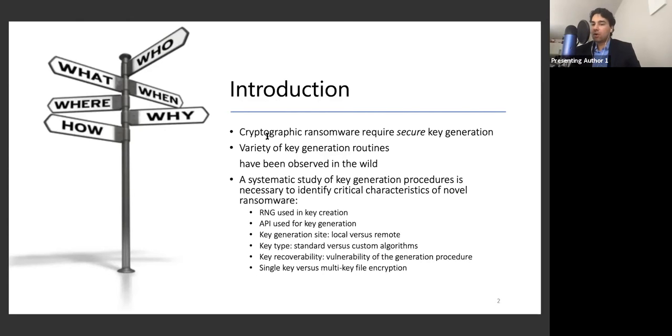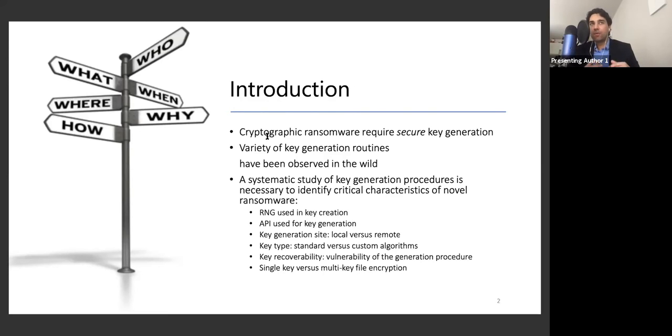If these keys are leaked or acquired via an alternative route, then they lose leverage over the victim. So for that reason, they need to make sure that the key generation happens securely. However, we've discovered in the past that many ransomware developers do not always get key generation right. So there's a variety of key generation routines that have been observed in the wild, and we'll be discussing and categorizing those in this talk.